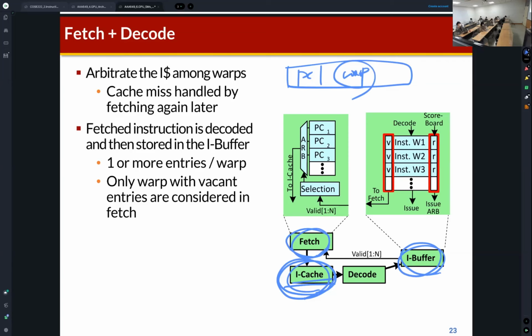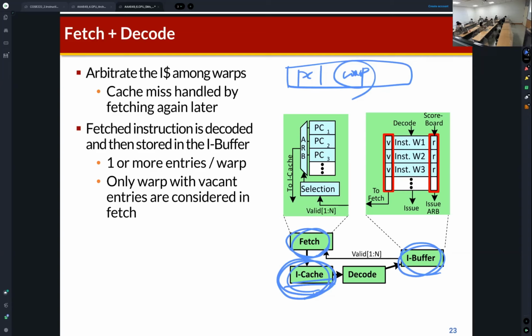The cache operation is the same as in a CPU cache: when a cache miss occurs, it is handled by the instruction cache, and the instruction data is requested from the lower level cache.